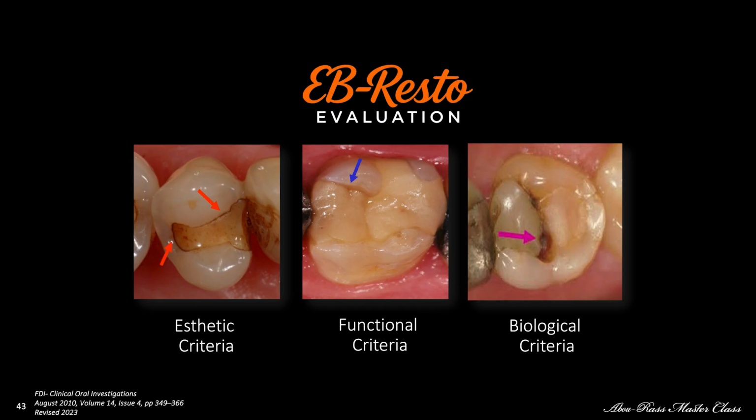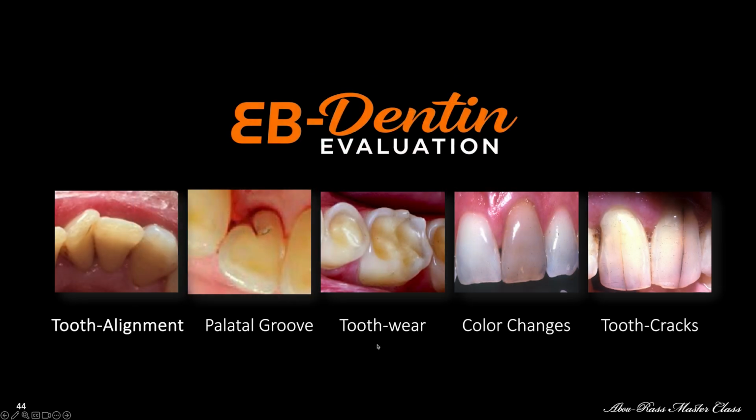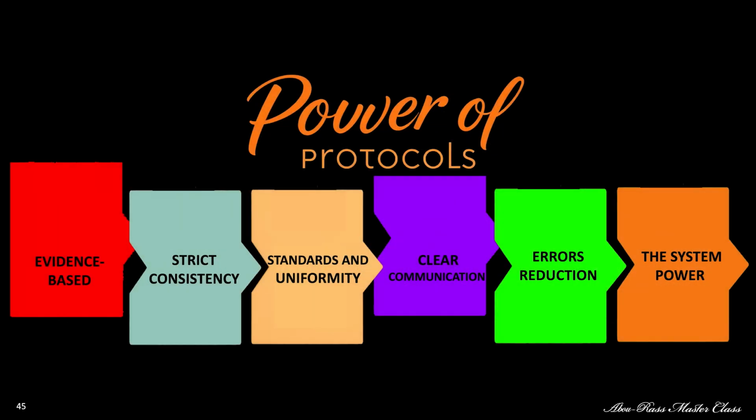And they basically gave us evidence-based guidelines to evaluate the restorations, aesthetic criteria, functional criteria, biologic criteria. In addition to that, when we come to tooth structure, we also evaluate it for orthodontic problems, anomalies, erosion, color changes, and tooth cracks. Very comprehensive assessment. And therefore, all of that together, I put into a protocol.